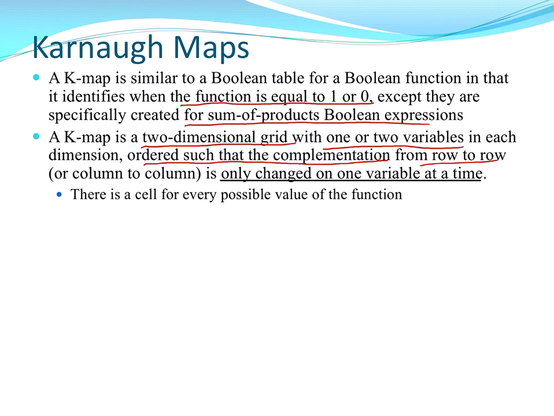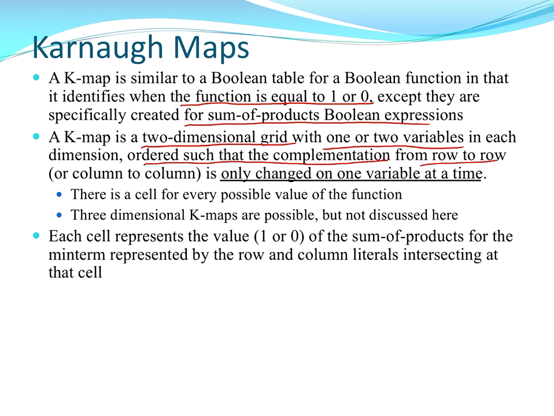Okay, so there's a cell for every possible value of the function. In a table, it would be one value per row. In this case, it's going to be one value per cell. It is possible to have a three-dimensional K-map, but we don't discuss them here.